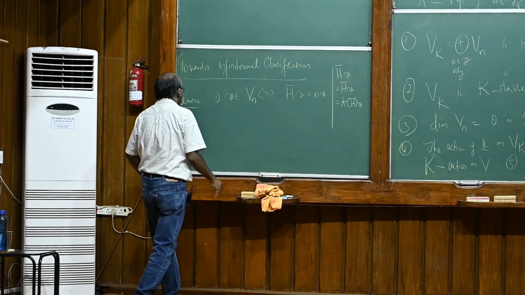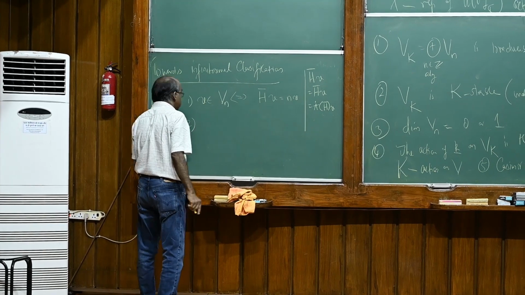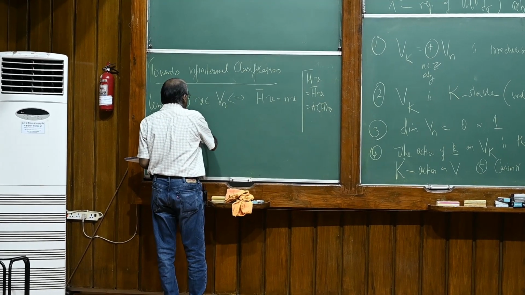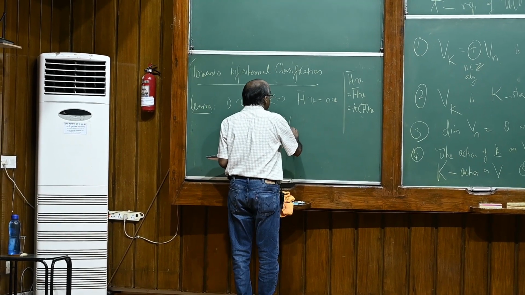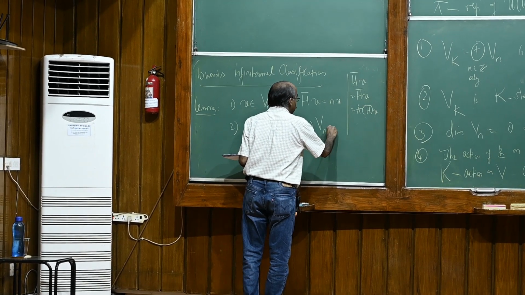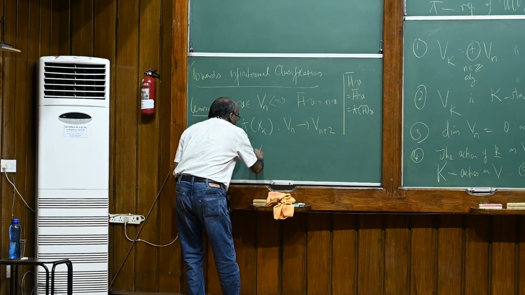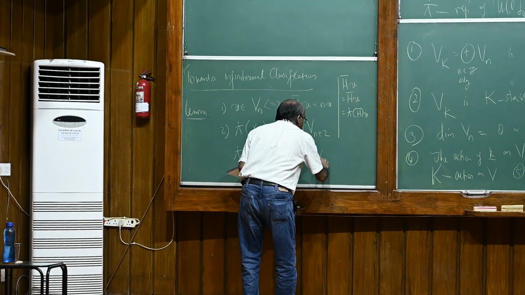Right? So that is trivial. Second one is more important, but it's easy, and we have already seen that in the last lecture. Pi dot of x alpha maps Vn to Vn plus 2, and pi dot of x minus alpha maps Vn to Vn minus 2.